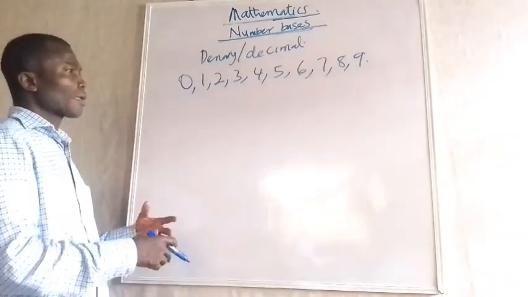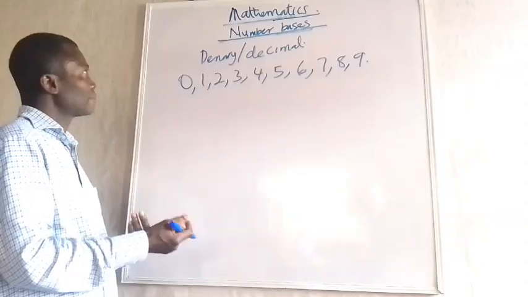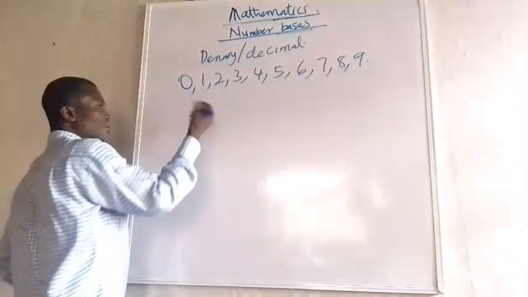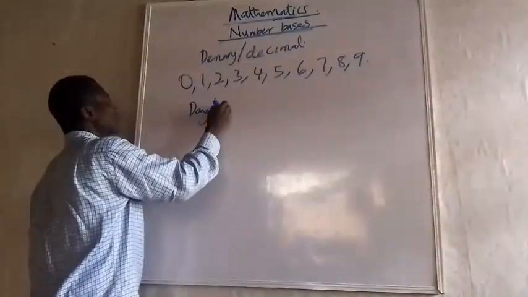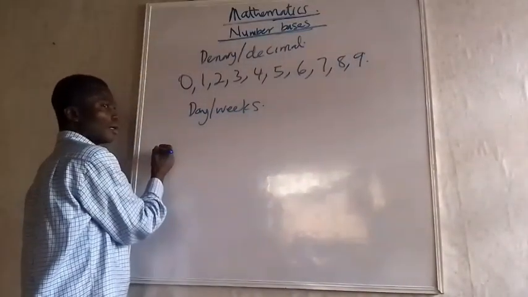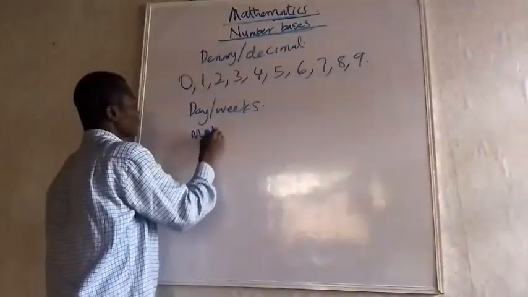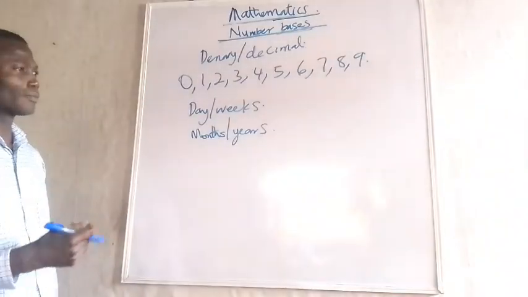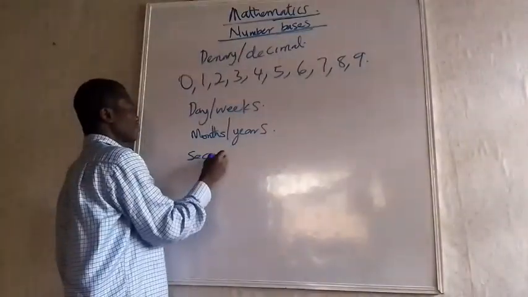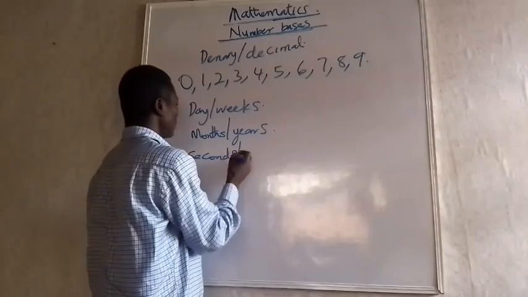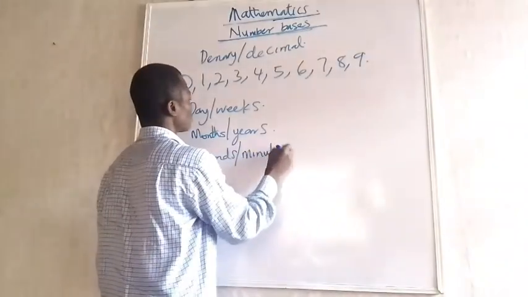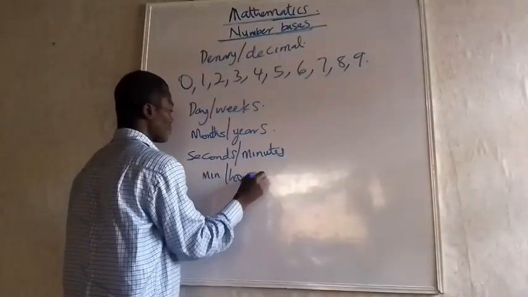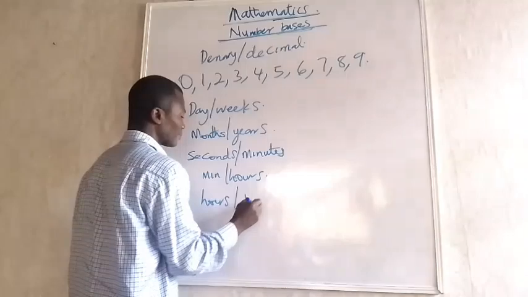Now, there are some other number systems or number bases that we use unconsciously, like when we are talking about days and weeks, months and years, seconds, minutes and hours, hours and days.